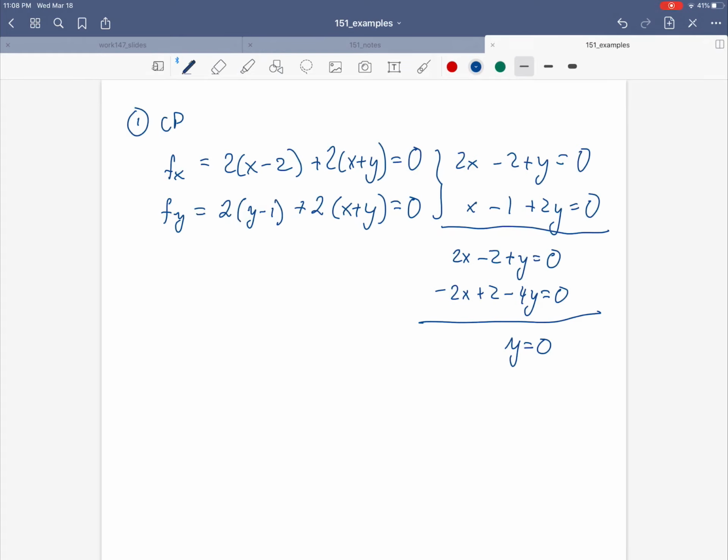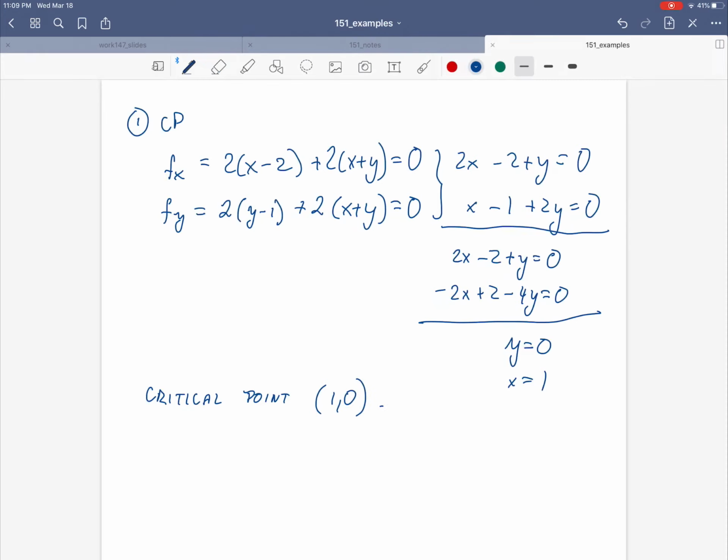Then going to any equation above which has x in it, I can compute that x is equal to 1, and that's the only solution. So we have one critical point, and that's (1, 0).